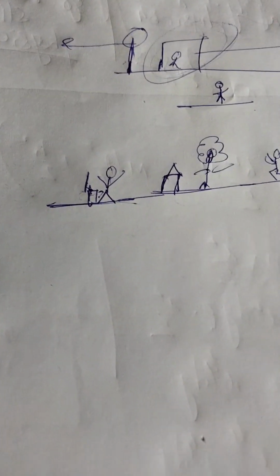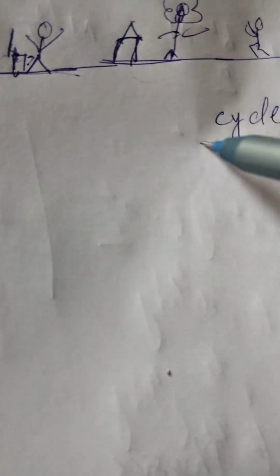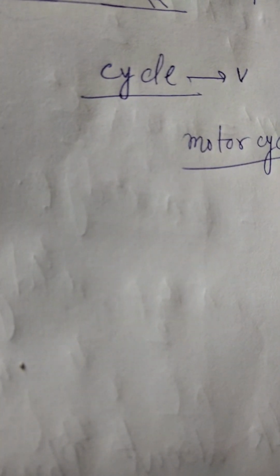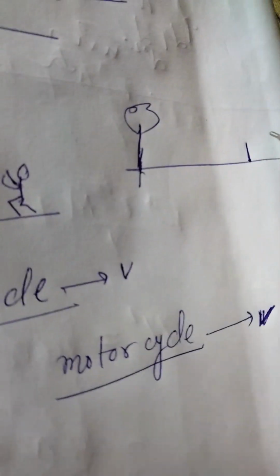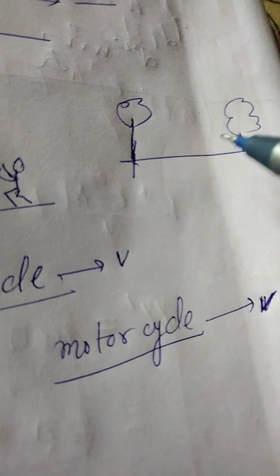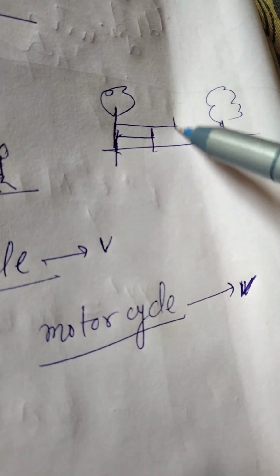So now these things are also relative. Now again, the idea: if someone is moving on a cycle and you see someone on a motorcycle, you will call the motorcycle much faster, because you see that this is a tree, this is a tree, there is another tree, and relative to you, the cycle has just gone here in a time and the bike has gone there.